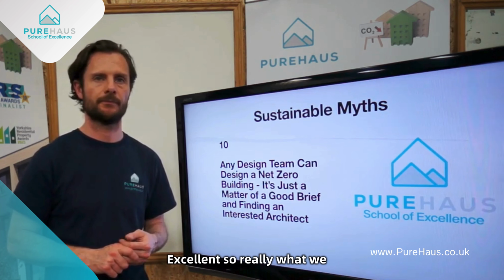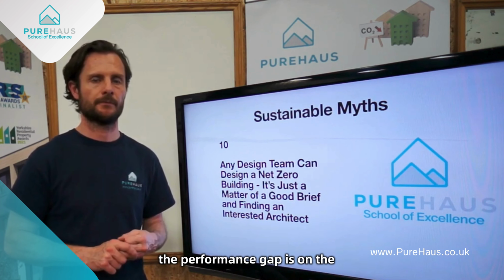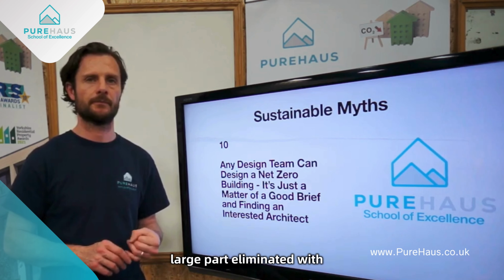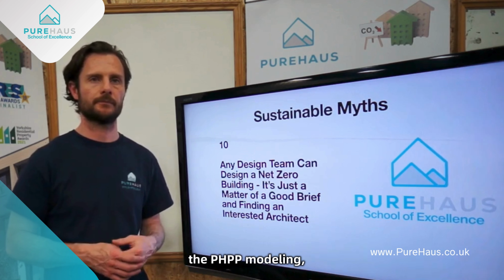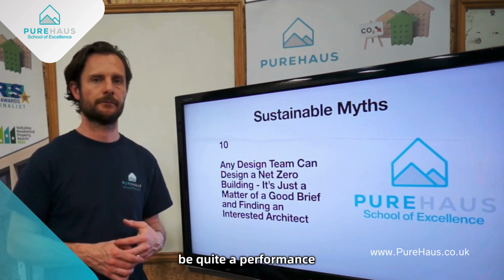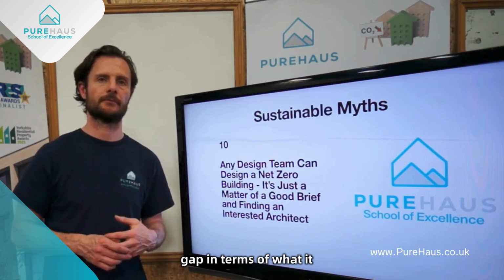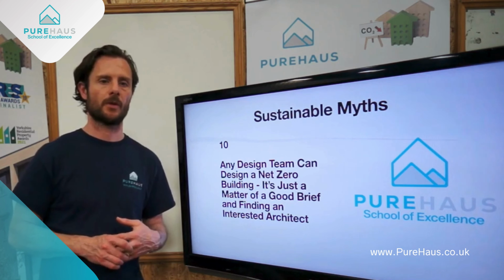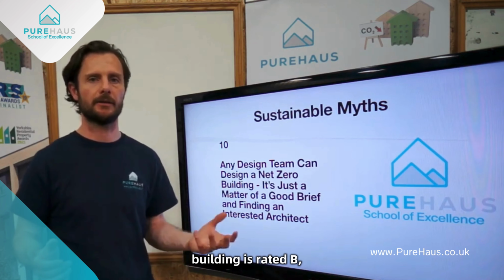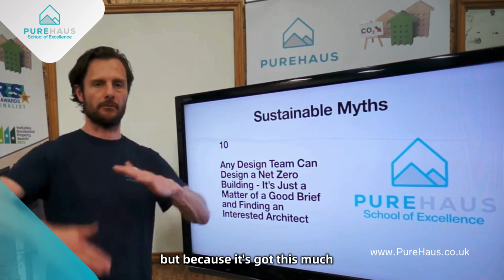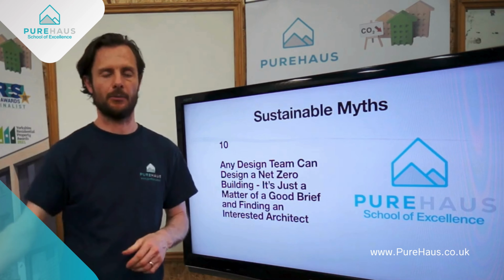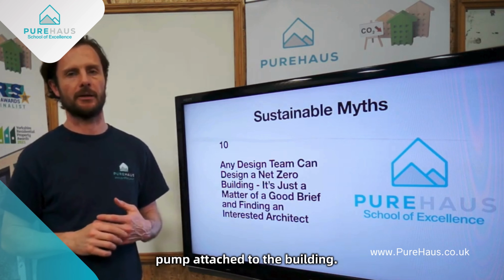Excellent. So really what we're saying is that the performance gap is for the large part eliminated with the PHPP modelling, whereas with the EPCs there could still be quite a performance gap in terms of what it might be suggesting. Oh yeah, so an EPC might say that a building is rated B, because it's got this much insulation in the loft and it's got an air source heat pump attached to the building.